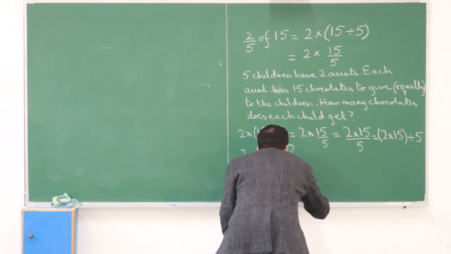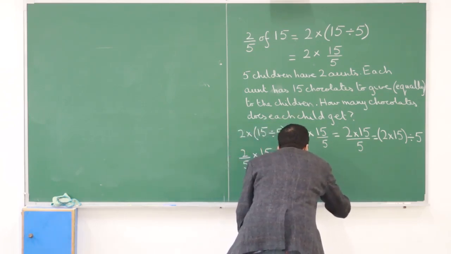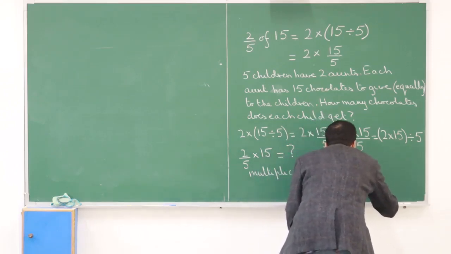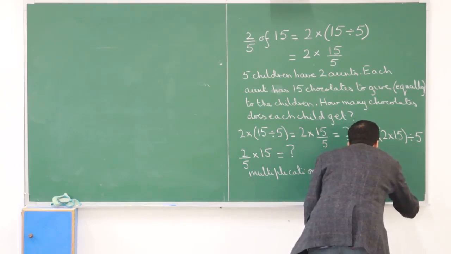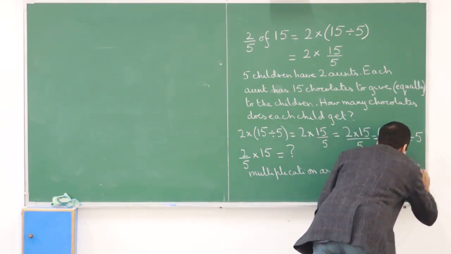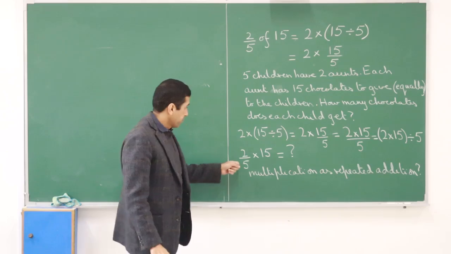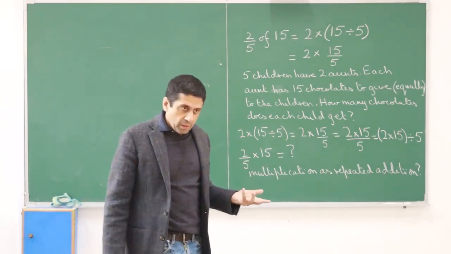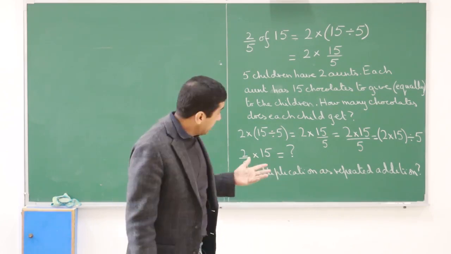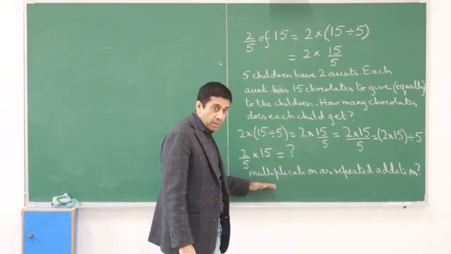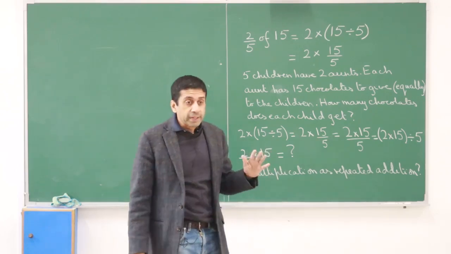If we think of multiplication as repeated addition, is that true still? No, I don't know, because otherwise I won't be able to define it. How do I add 15, 2/5 times? So this idea is getting broken, right? Multiplication as pure repeated addition.